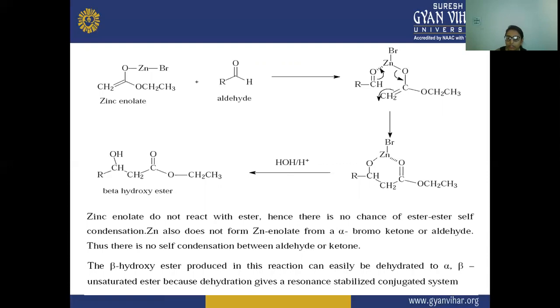The zinc enolate does not react with ester. Hence, there is no chance of ester self-condensation. If there is no reaction of zinc enolate with ester, there is no chance of ester self-condensation.